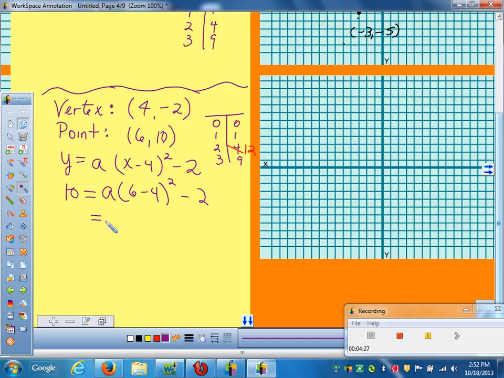Squared would be 4. That's 4 times A. So you have 4A minus 2 equals 10. Add the 2 would be 12. And divide by 4 would be 3. And either way, then, we got a 3 for A. So your equation would be 3 times x minus 4 squared minus 2.